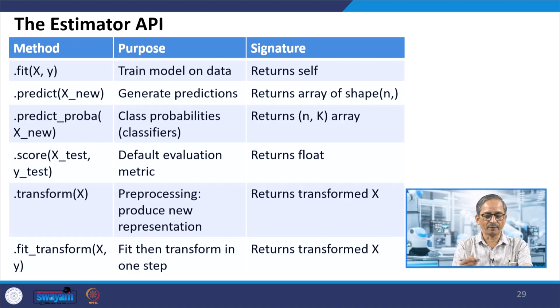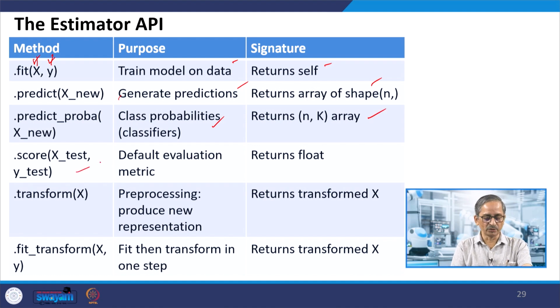Okay. So dot fit(X, y): capital X we are using for the input and small y we are using for the output. The purpose is to train the model on data, and it returns self. Then dot predict(X_new) generates predictions and returns an array of shape, and then you have dot predict_proba, which is basically for class probabilities, and returns an n, k array.